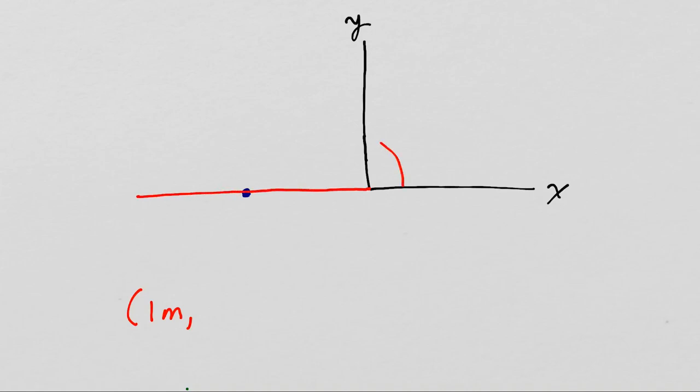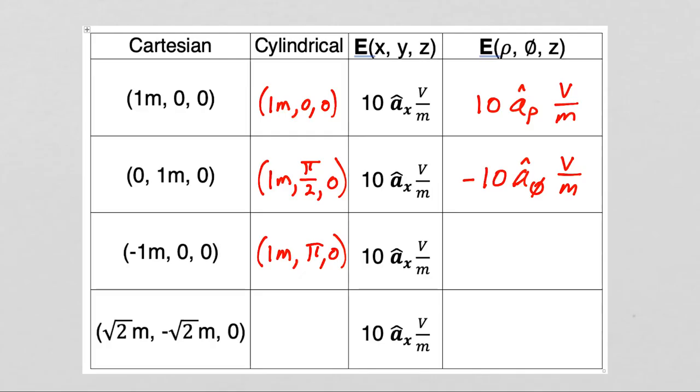So the angle it makes with the x-axis, which is our phi value, is pi radians. And the z components are the same. Here is this point in cylindrical coordinates.